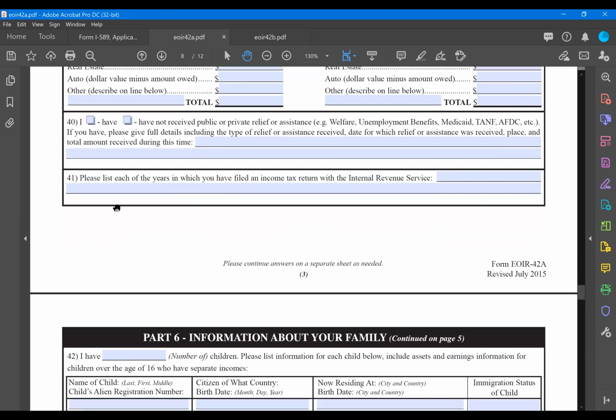Okay. 41 is list each of the years in which you filed an income tax return with the IRS. Hopefully this is every year for the duration of the period we have to prove, or for a permanent resident, hopefully it's every year, at least since they became a permanent resident, hopefully every year since they came to the US. Hopefully the attorney will have looked into this.